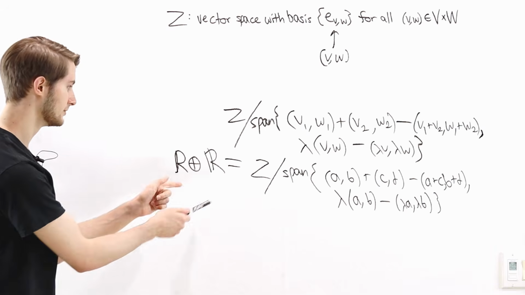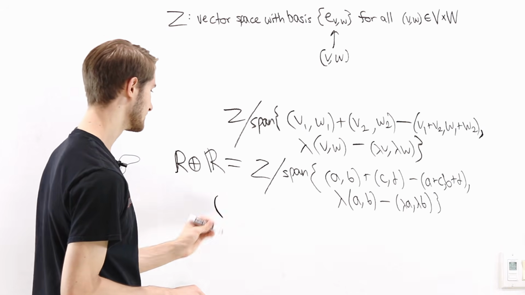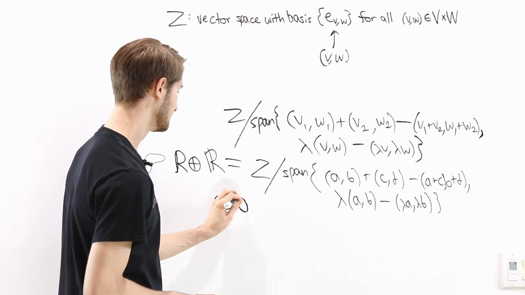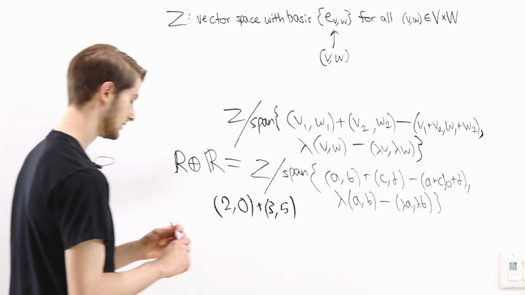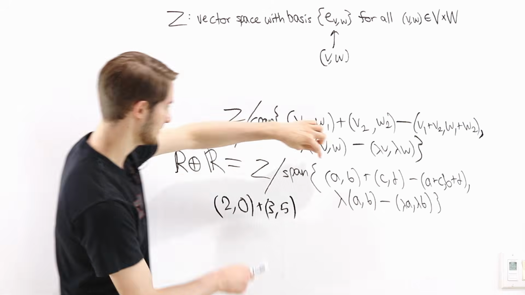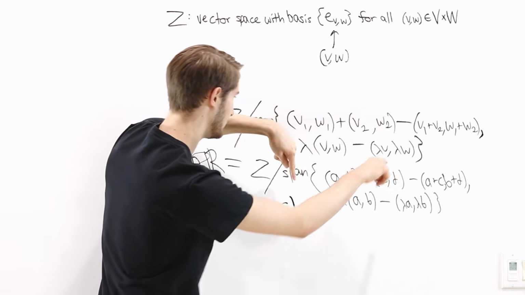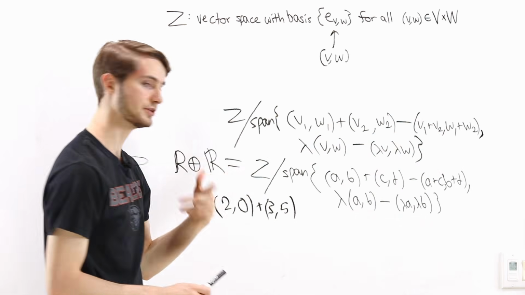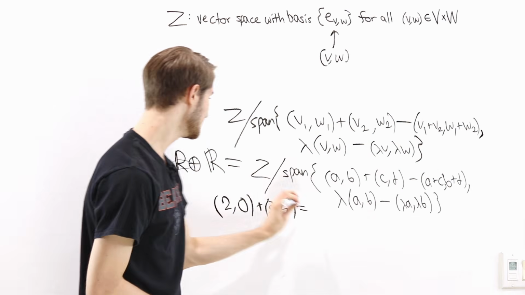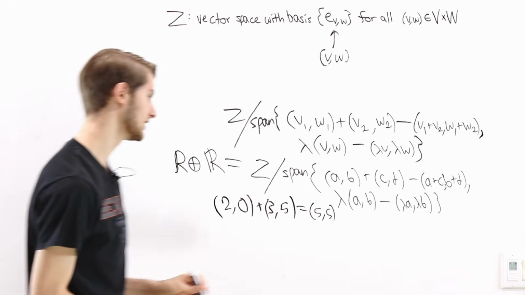So inside of this direct sum, R direct sum R, we could look at, for example, what is (2, 0) + (3, 5)? We know that one of the relations here is that (2, 0) + (3, 5) is equal to (2 + 3, 0 + 5). So in the quotient space here, this is equal to (5, 5).